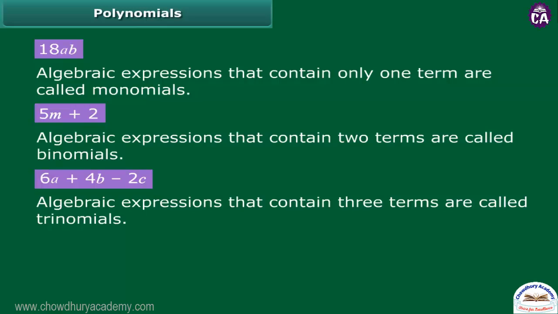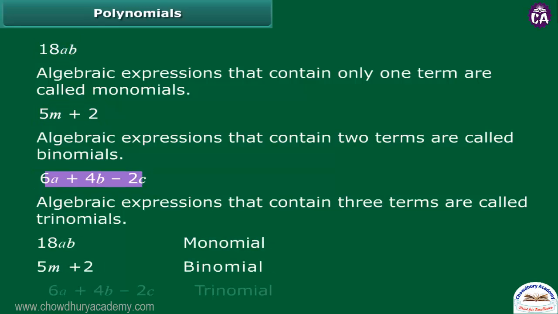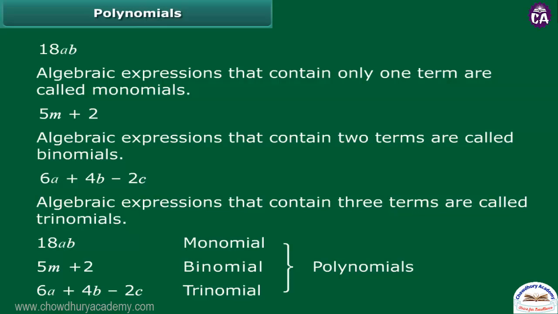So this type of algebraic expression is called trinomial. Remember, all algebraic expressions that have one or more than one terms are called polynomials. Therefore, monomials, binomials and trinomials are all polynomials.